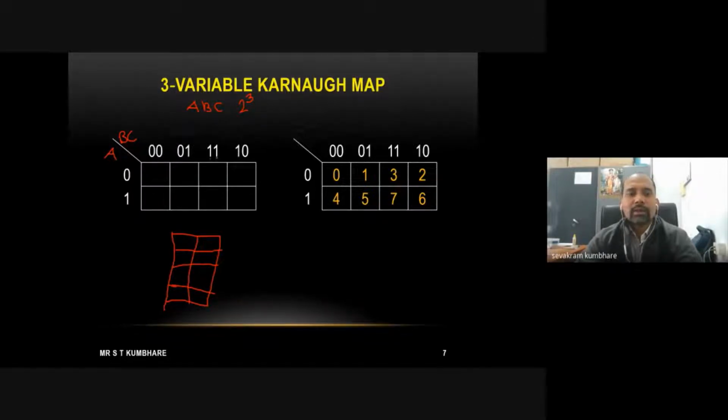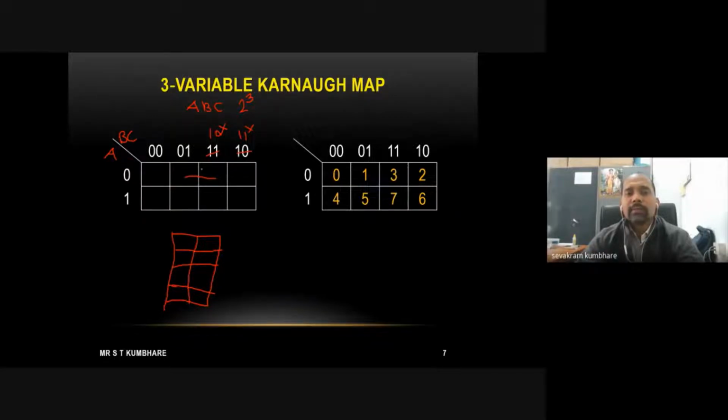Sometimes students make the mistake that instead of 1 1 they mention 1 0, and here they mention 1 1, as it is the habit. But this is the wrong way. Why? Because the rule is that adjacent two cells can only change in one variable. If you mention 1 0 over here, what will happen? Here B is 0, here B is 1, here C is 1, C is 0.